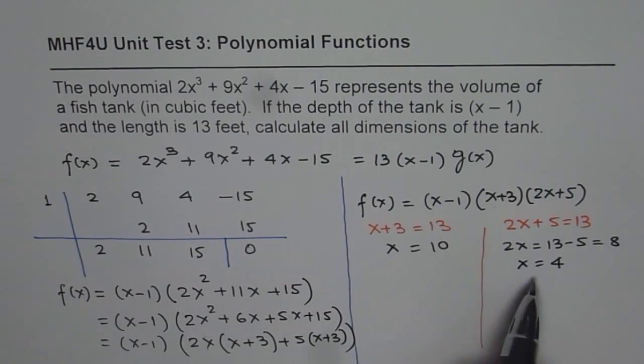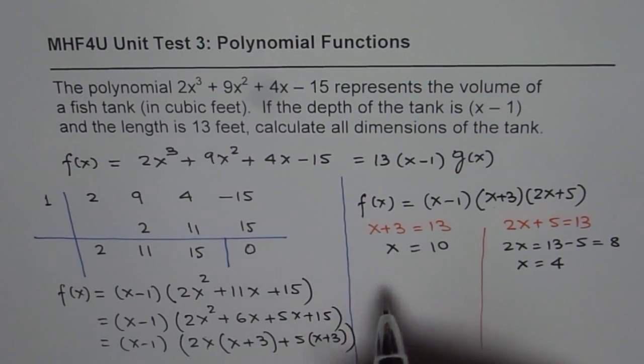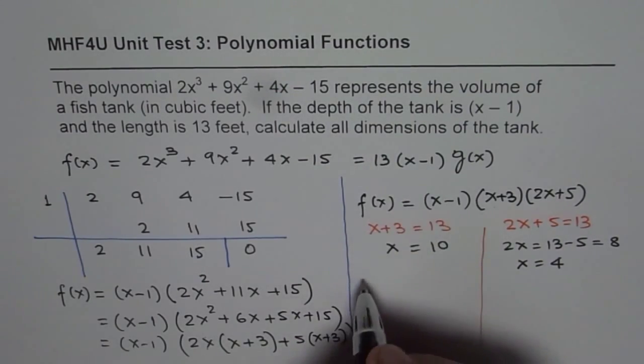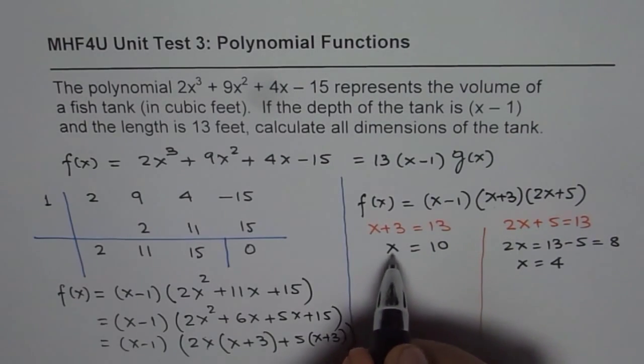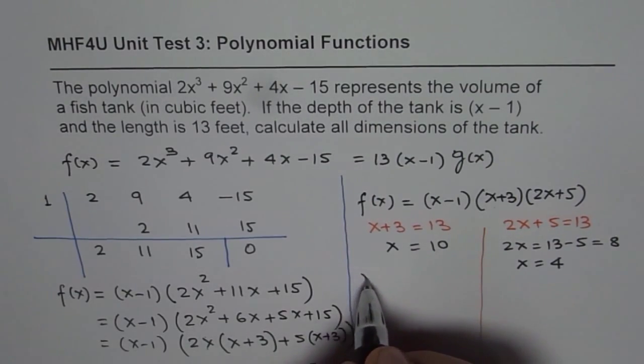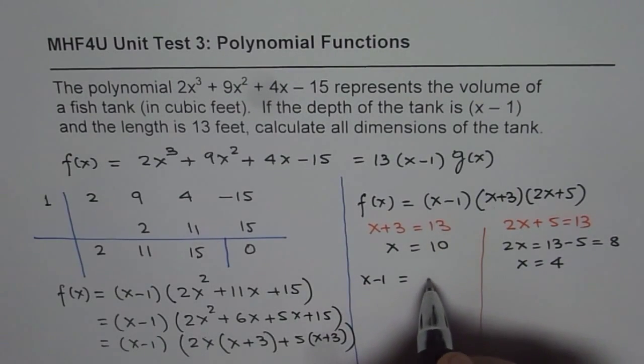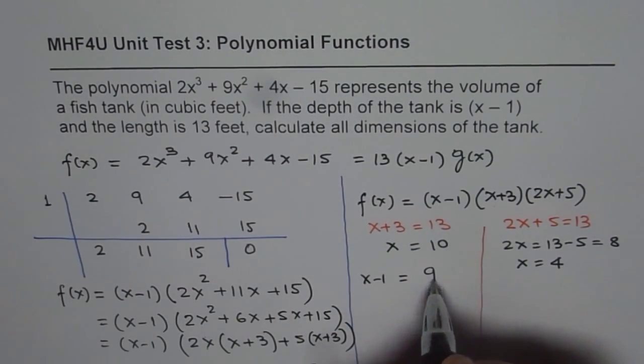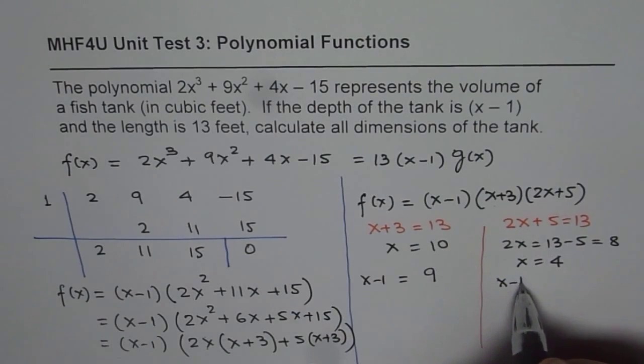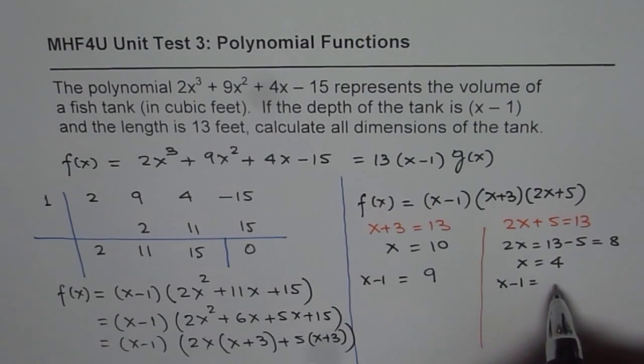Now if x is 10 or 4, as the case may be, the dimensions should be: if x is 10, x minus 1 is 10 minus 1, which is 9. In the other case, x minus 1 is 4 minus 1, which is 3.